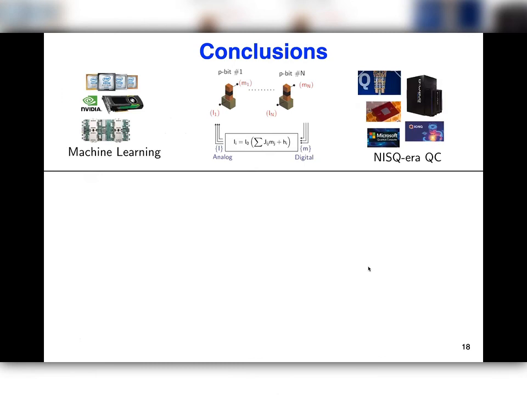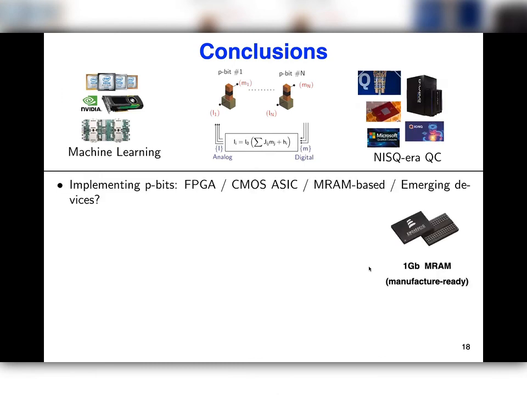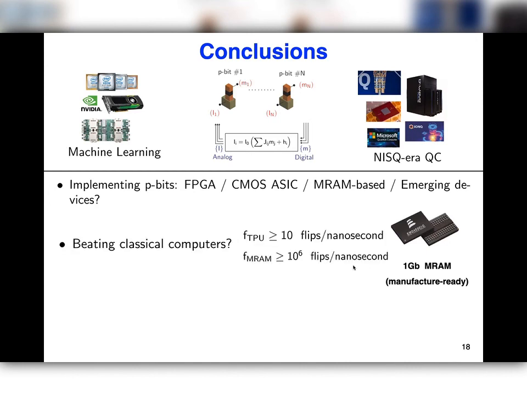So let me finish up by saying that we've been looking at different p-bit implementations. I've talked to you about this new and emerging paradigm in between deterministic and quantum computing, which is probabilistic computing with p-bits. And there is this intriguing idea of beating classical computers, and I've shown you some visions on how that can be done.